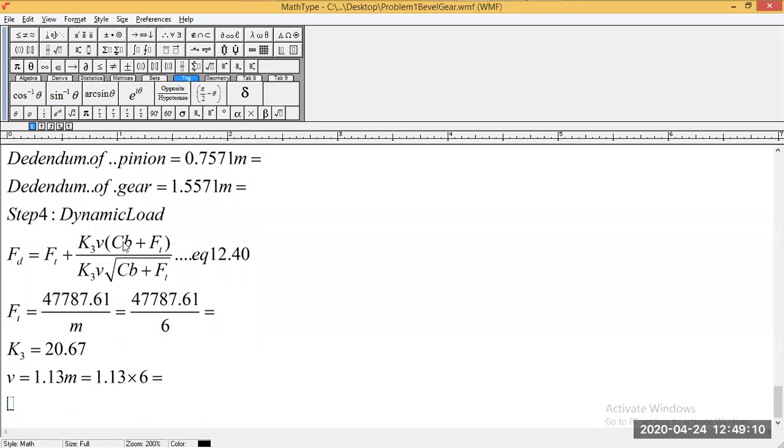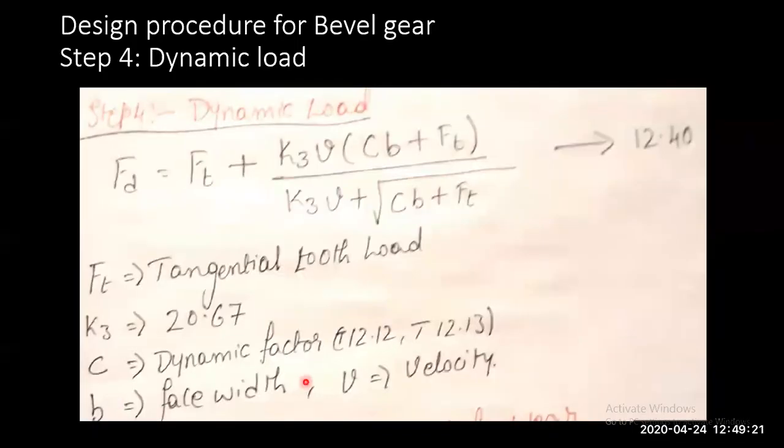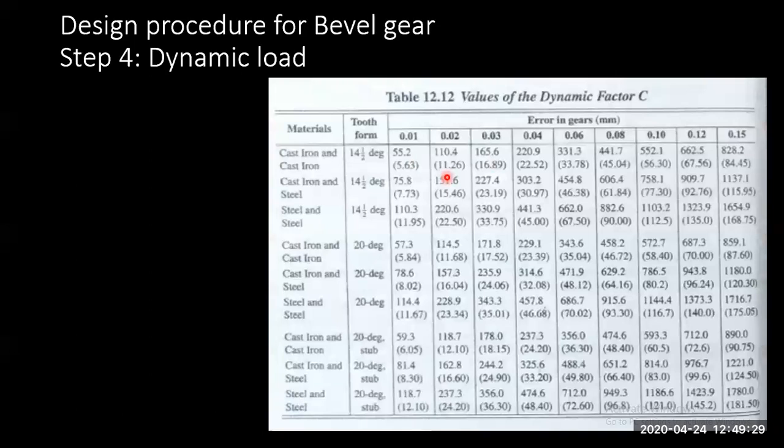And C is tricky. So for C, you need to use these two tables as discussed before, right? So we need to know the error. It is made of cast steel, that is, you can say a combination of steel and steel for 20 degrees.